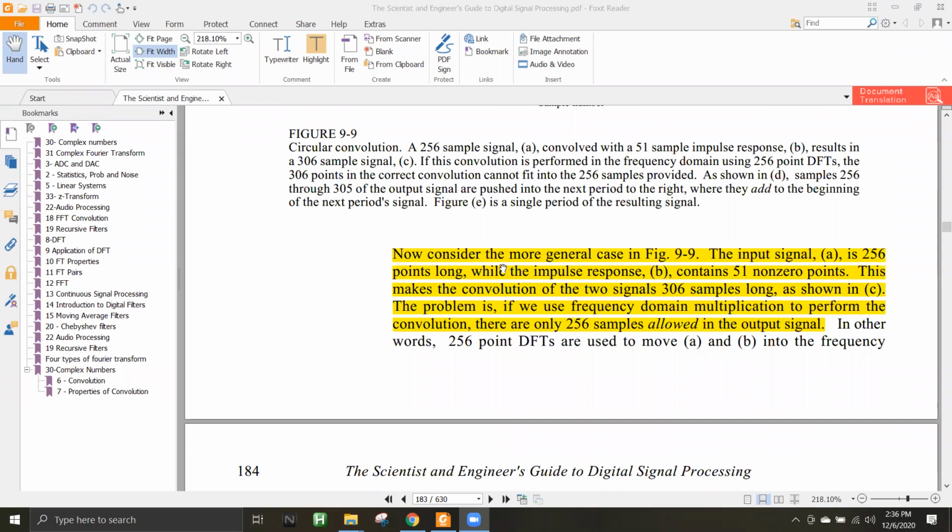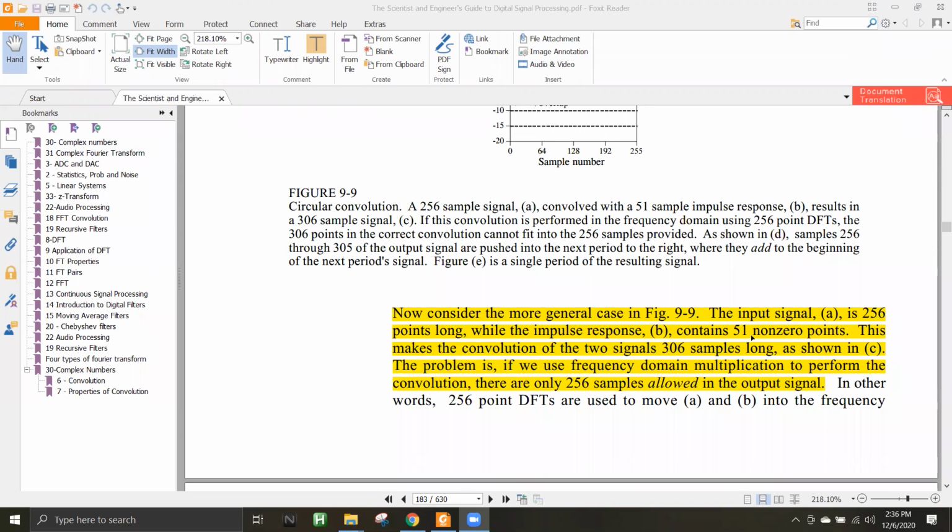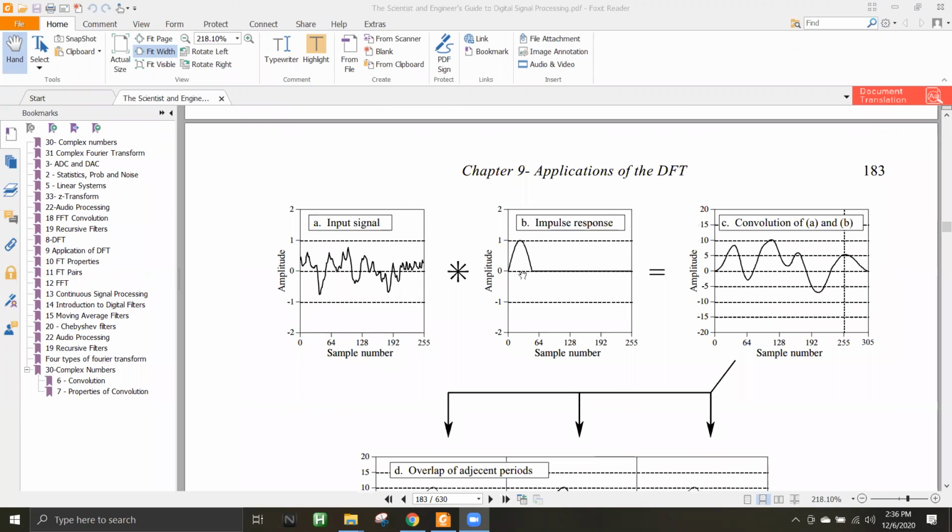Now consider the more general case where the input signal is 256 points long, while the impulse response contains 51 non-zero points. This makes the convolution of the two signals 306 samples long. If this is 51 non-zero points, the rest are zero, so we had to pad it. Now just think of it in the time domain.